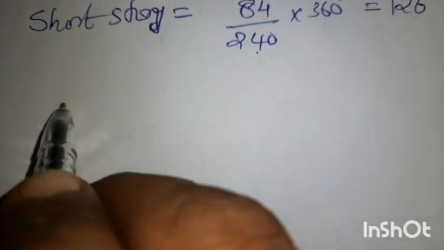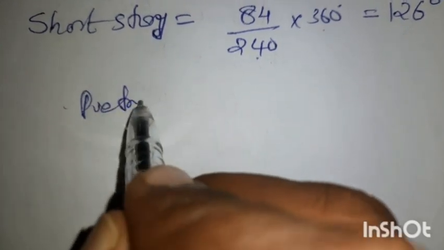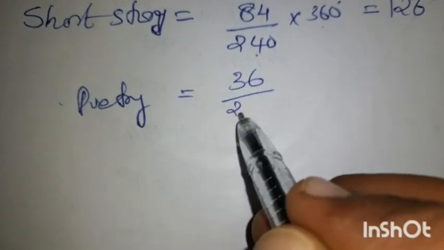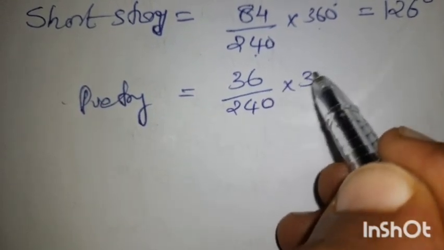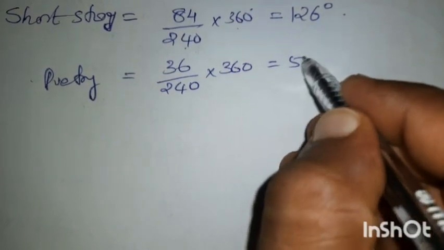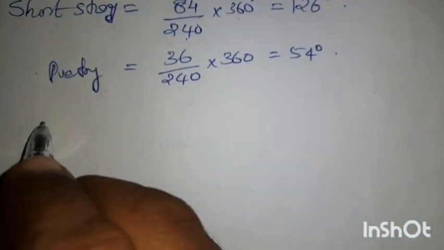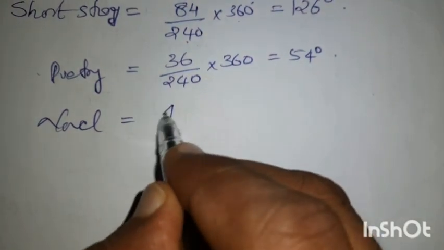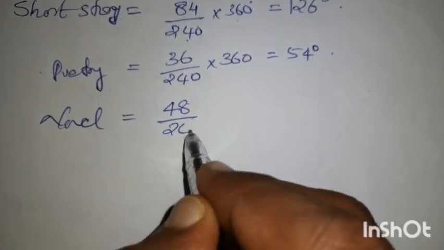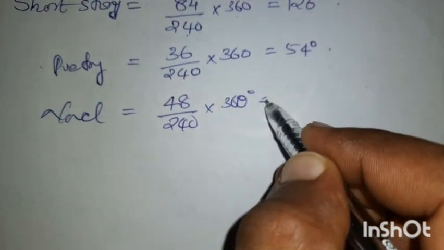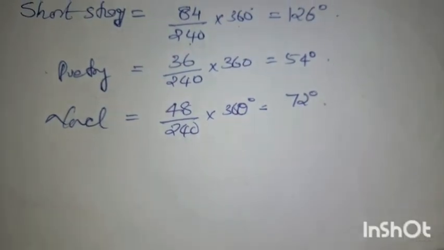Next one is poetry. Poetry is 36 books out of 240 multiplied by 360. You get the answer as 54 degrees. Next one is the novel. Novel, there are 48 books out of 240 multiplied by 360. The answer you get is 72 degrees.